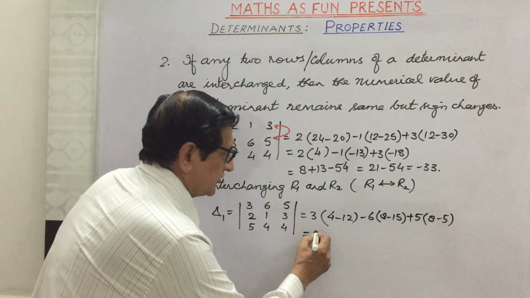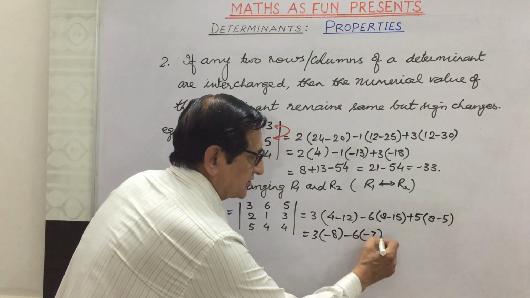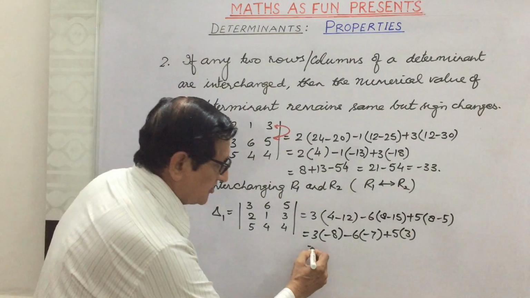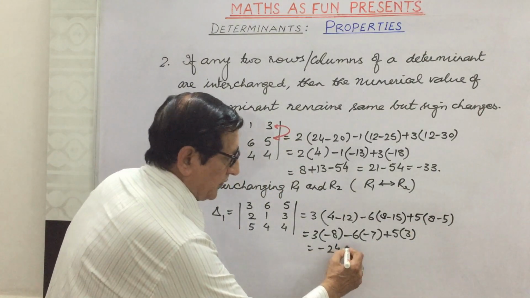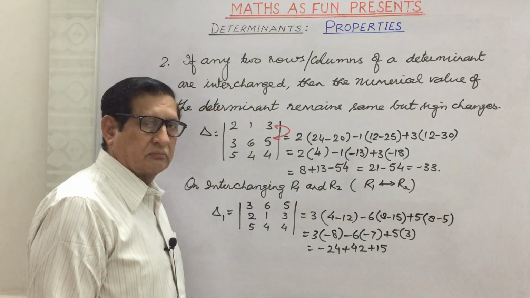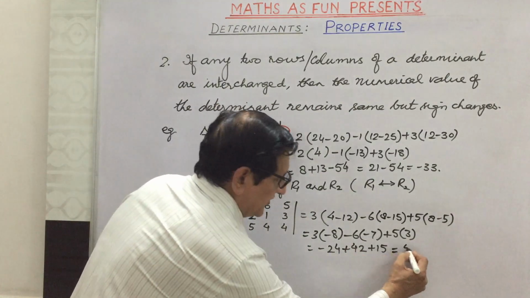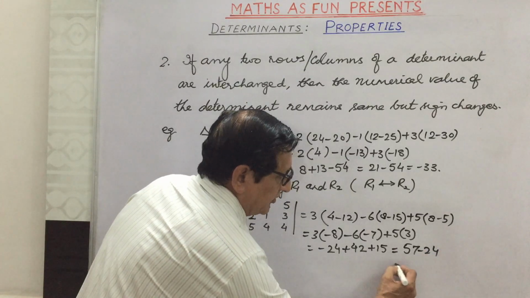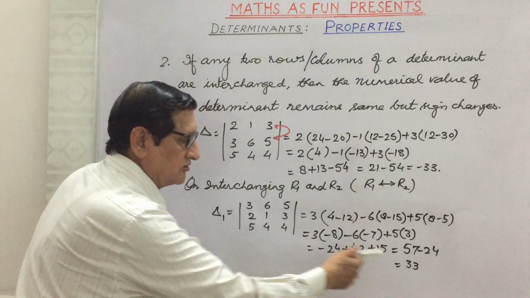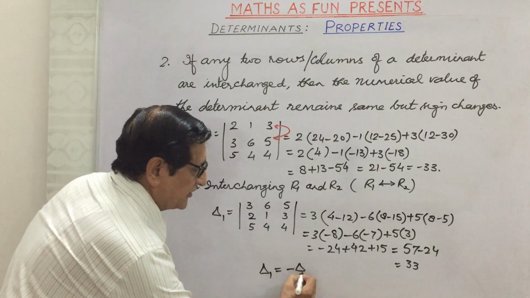Simplifying this, we get 3 into minus 8, minus 6 into minus 7, plus 5 into 3. This is minus 24 plus 42 plus 15. You can see here, 42 plus 15 is 57, minus 24 comes as 33. This was minus 33, this is 33. So can we say that delta 1 is equal to minus delta?